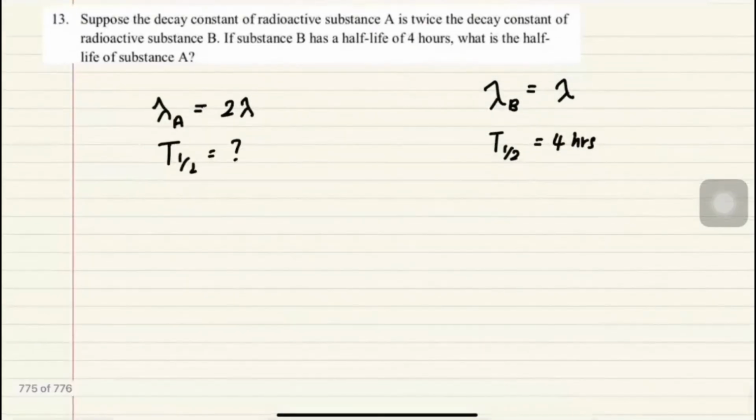Okay, so basically I can write down T half untuk A is equals to ln 2 over lambda untuk A. Okay. Kalau T half untuk B, basically it will be ln 2 over lambda B. Okay.